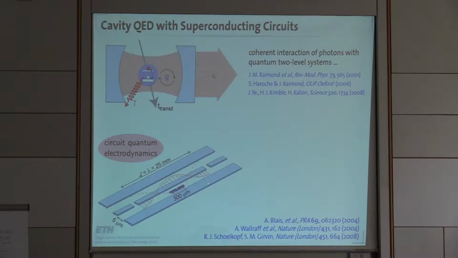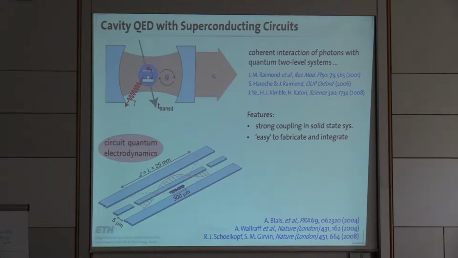One of the common versions that people employ and that we are discussing in this talk is to use for the cavity a coplanar waveguide resonator that you see here, whose length is a wavelength, where you have a center conductor that's a few micron wide, separated by a few micron wide gap from the ground planes, and where the length of the center conductor sets the resonance frequency, for example, for this lambda mode of this coplanar waveguide, where you can then place the object of interest into the electric field, for example, into the center of this mode where the electric field is maximum.